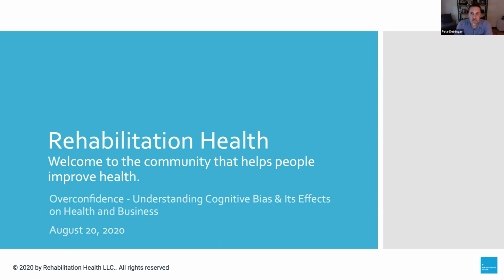Great, thanks David, and thank you to everyone for joining this week. What we're going to do today, as David alluded to, is after the first session, which really was more of an introduction to cognitive and behavioral biases, we're going to start drilling into some specific ones. And the one that we're targeting today is overconfidence, which is truly one of the most pervasive of the biases that we see.